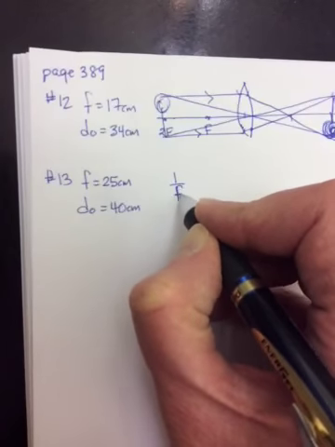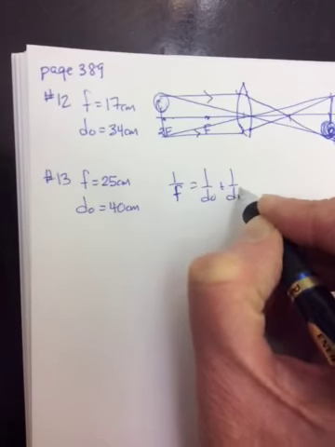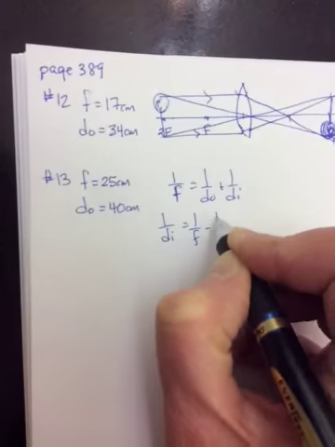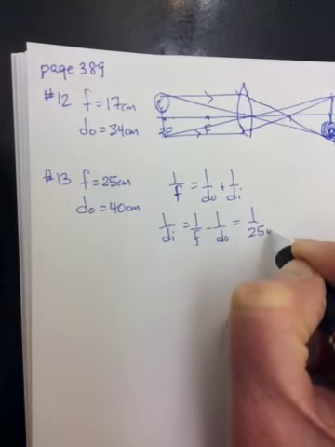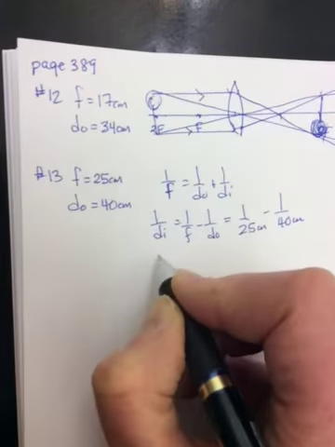1 over F is equal to 1 over DO plus 1 over DI. So 1 over DI is equal to 1 over F minus 1 over DO. So 1 over 25 centimeters minus 1 over 40. Common denominator is 200.